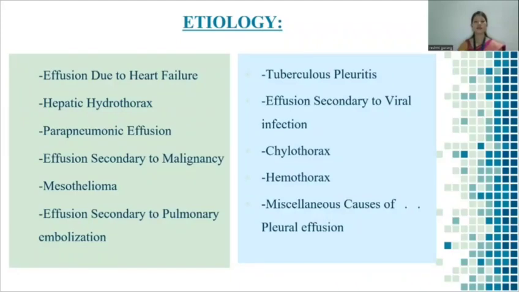Then effusion secondary to viral infection, where the patient will have an acute type of infection. The next is chylothorax, where, as I have already said, there is presence of lymph fluid in the pleural space. Then hemothorax, and lastly miscellaneous other causes of pleural effusion. So these are the few types of etiology for pleural effusion.